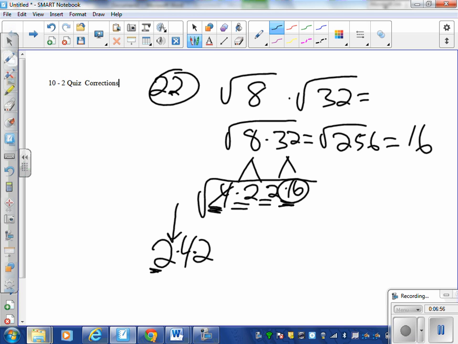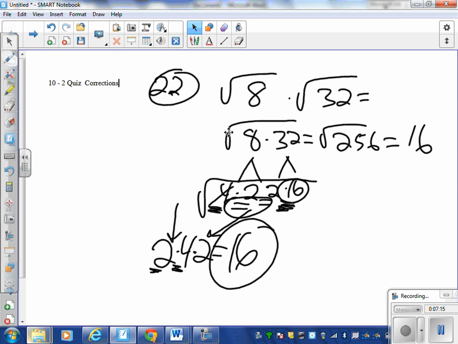The square root of 16 is 4. And because I have two of the same number, the 2 comes out. If I put this in my calculator, 2 times 4 is 8, times 2 is 16. So this would be my final answer if you broke it down this way.